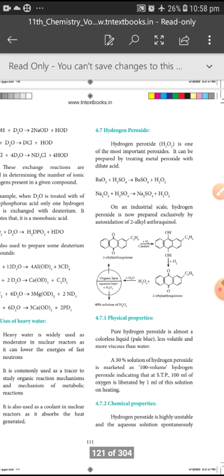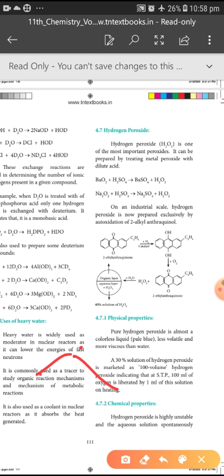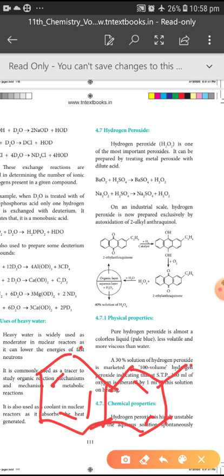Three benzene rings. This is a benzene ring. Next, one more. Three benzene rings fused together is called anthracene.